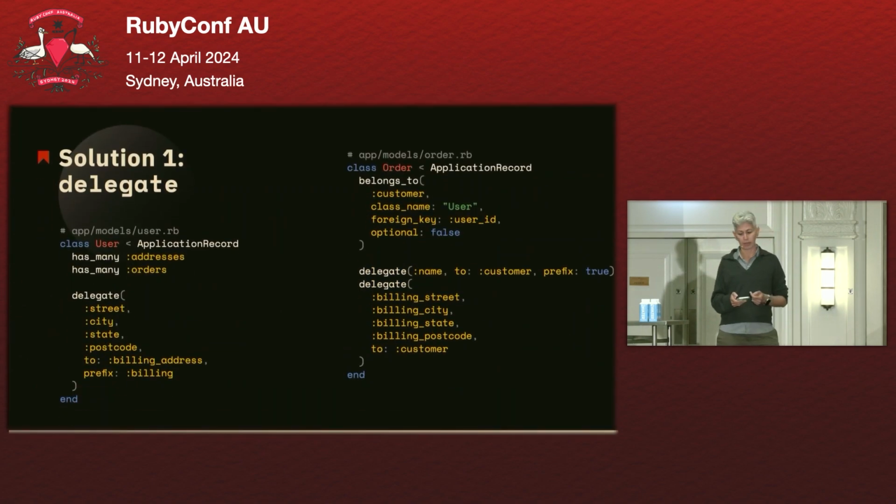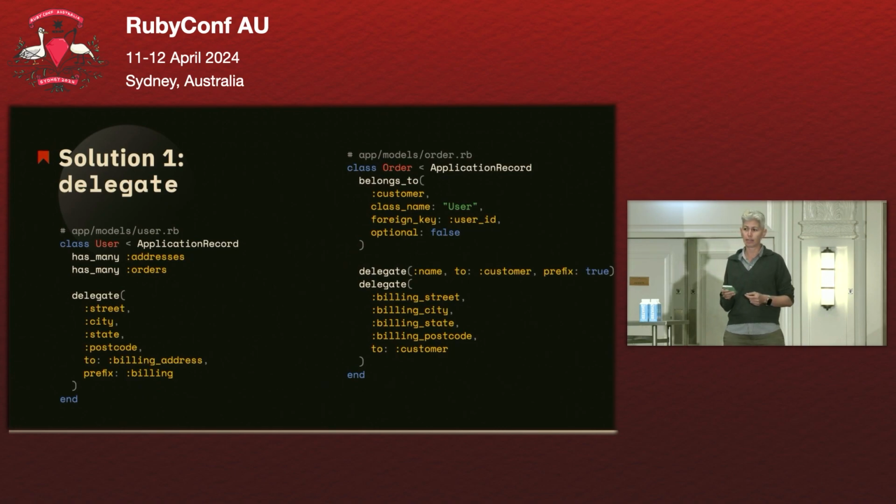So one better way, I'm going to show a couple of ways to deal with that. One better way is to use delegate in Rails. In this example, a user is delegating the street, city, and postcode to their billing address. And then the order delegates the billing address and the billing city and all of those to a customer.